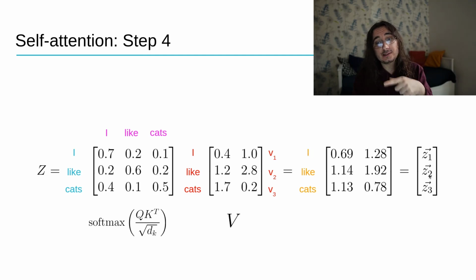For Z2, this is the attention for the like word, and Z3 is going to be the attention for the cats word. Now, we can rewrite Z1, this row vector, in a very compelling manner that is going to help us understand Z better.